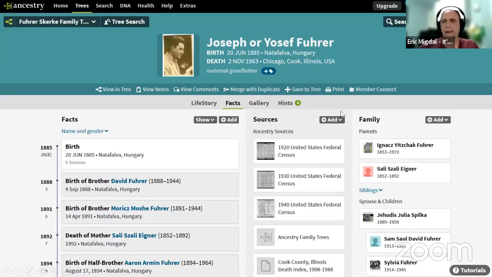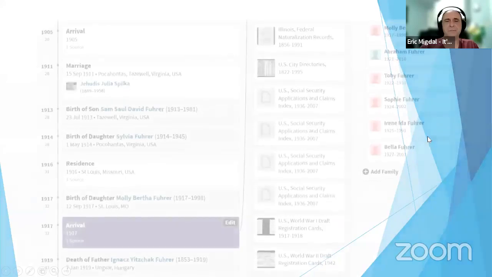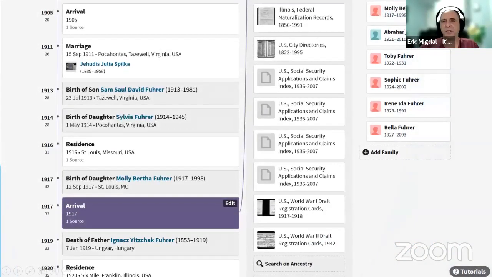It'll show you the family I added to the tree, his parents, a drop down for siblings, and then his wife, a couple of the children listed. The rest of the family, including my mom at the bottom, again always going to be at the bottom since she is the baby of the family, and all the other information that I added from different sources on Ancestry and other places.